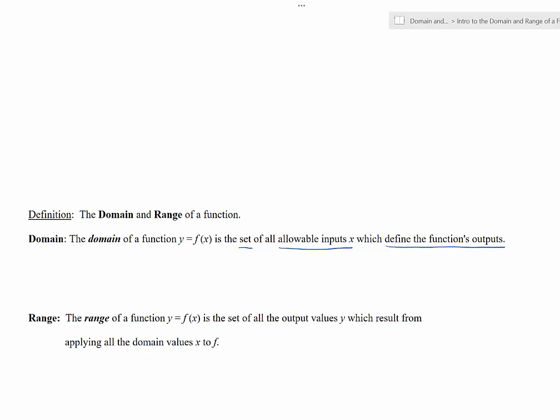Range, likewise, is the set of all the corresponding output values, which are the result from applying all the domain values, x values. If we apply the rule f to all the input values x, we get the outputs, and all of those outputs as a set is our range. So in the past we've seen diagrams where we draw two little oval looking things.